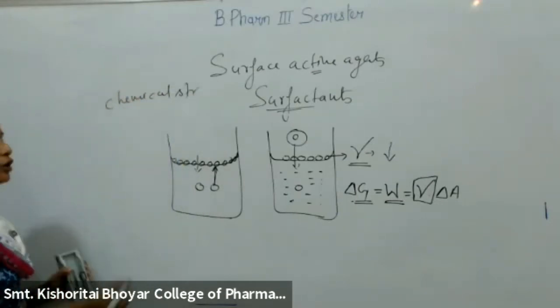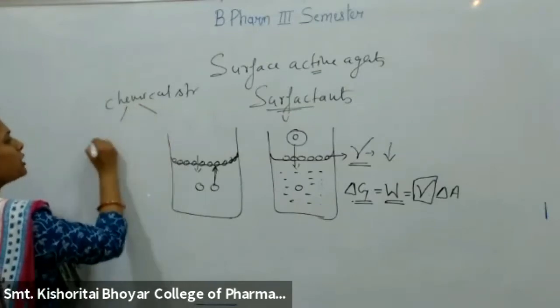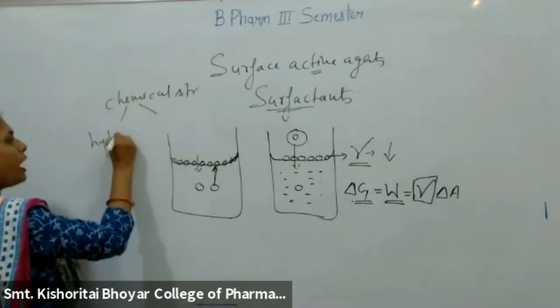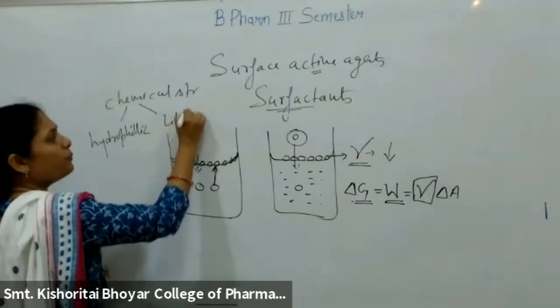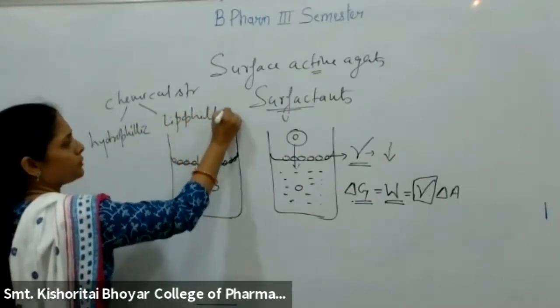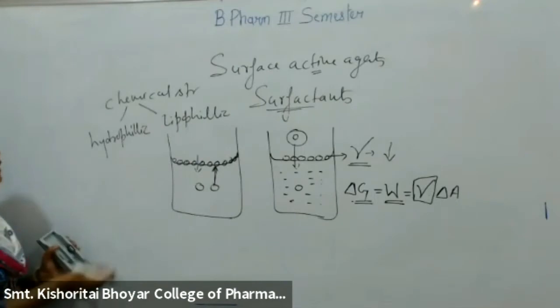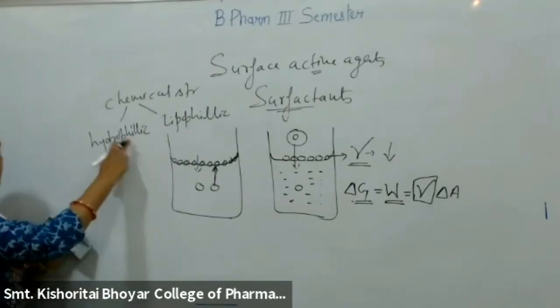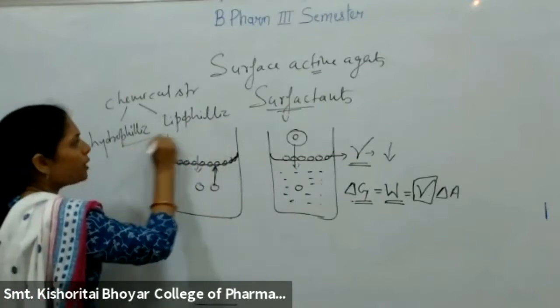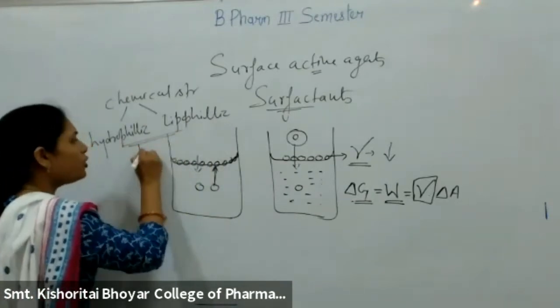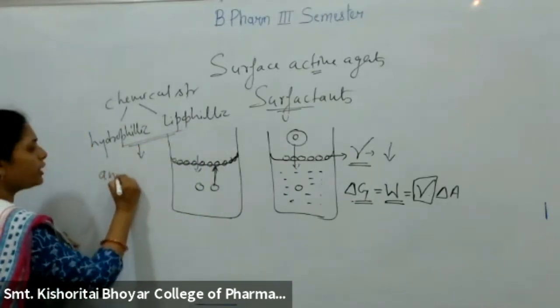they have different groups, and what are these different groups? They have hydrophilic groups in their structure, as well as lipophilic groups in their structure. Means at the same time they have two different groups, hydrophilic as well as lipophilic, which makes them amphiphilic in nature.